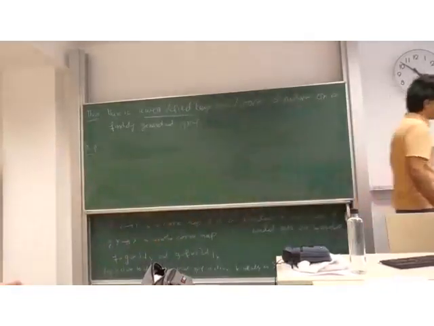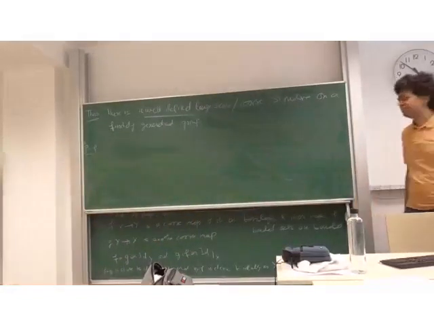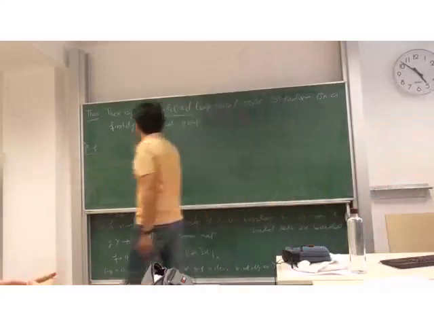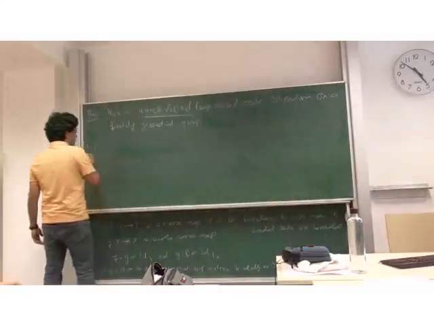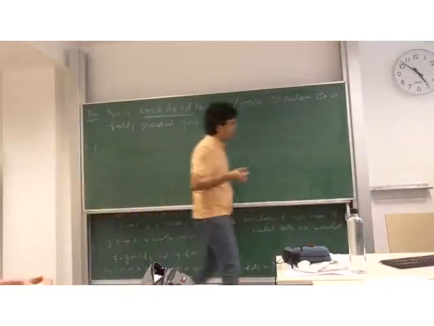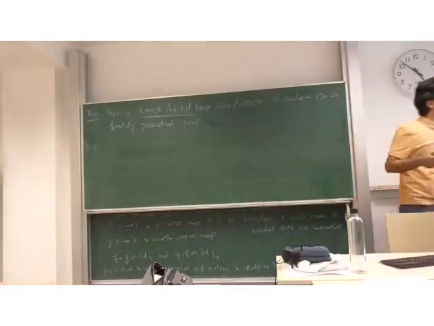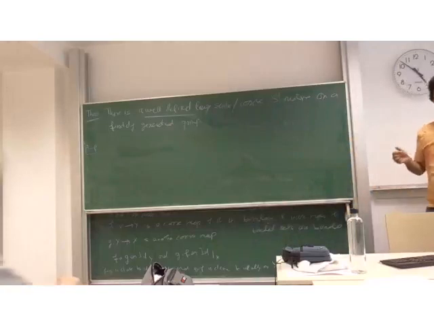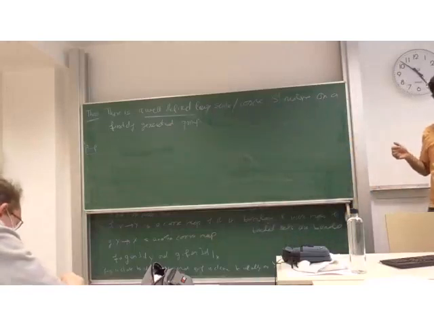What is it that makes something like that work? So what have we assumed? We want to say the identity map is a coarse map.